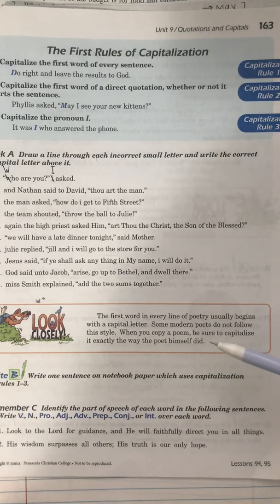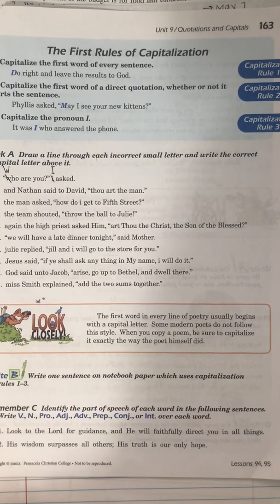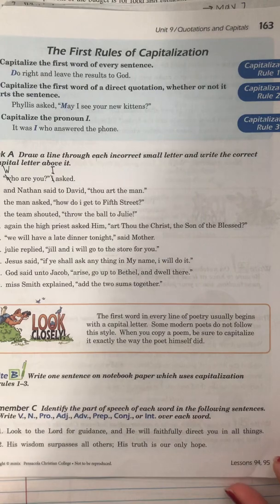So when you read a poem, sometimes the poet may not capitalize, and that's okay because that's how the poet intended. But for any other work or any other correction that you do on your own, you should capitalize the letters according to the rules.